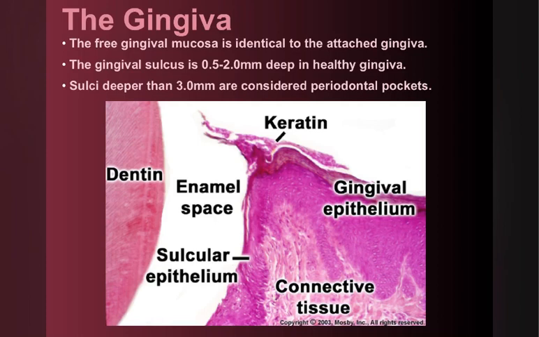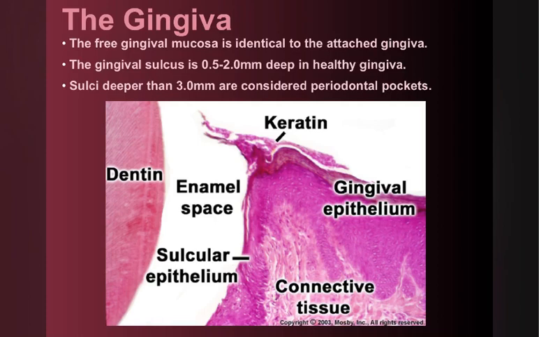The gingival sulcus, which is the space between the free gingiva and the enamel of the tooth, is 0.5 to 2 millimeter deep in healthy gingiva. Sulci deeper than 3 millimeter are considered periodontal pocket.